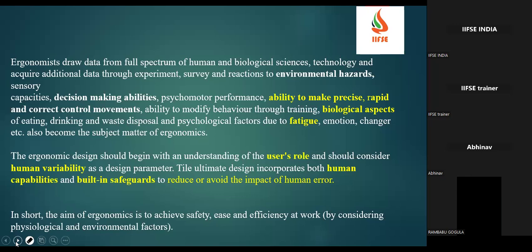Human variability means, as I mentioned, height, weight, reach of the person, everything will be considered here. And the ultimate design incorporates both human capabilities and also built-in safety guards, so that we can reduce or avoid the impacts of human errors.